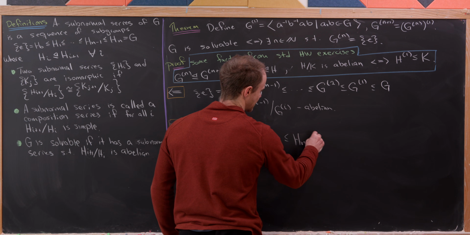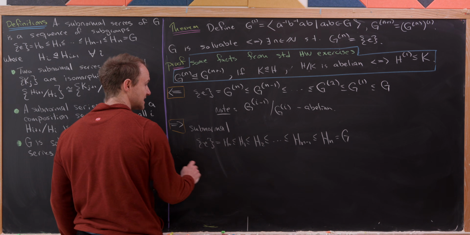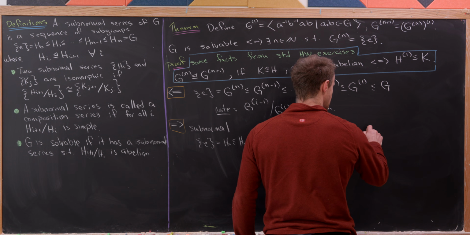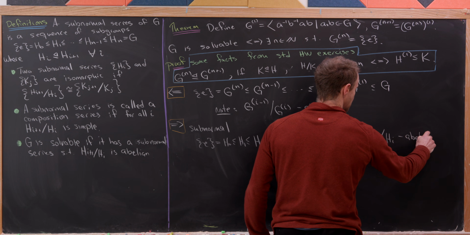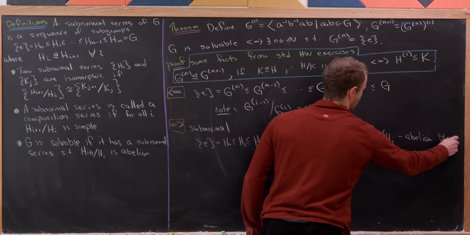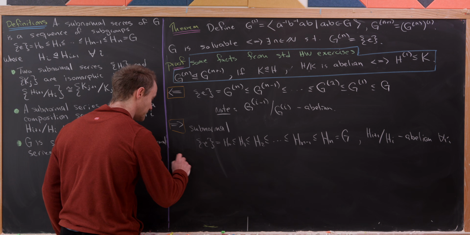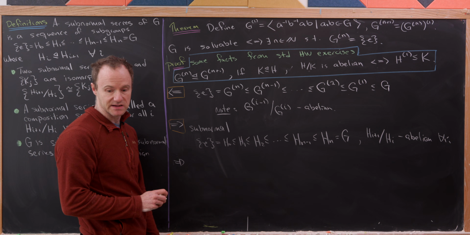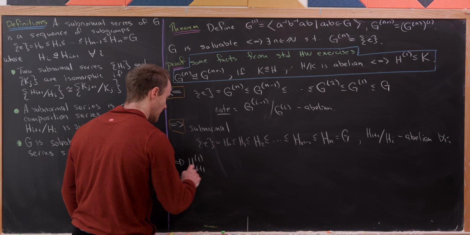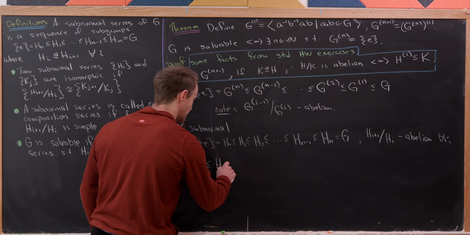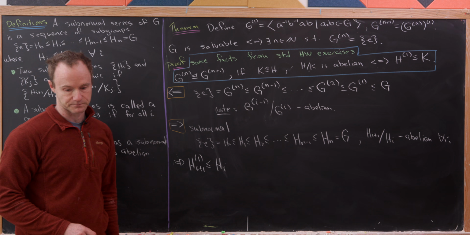Up here, H n minus 1, which is a subgroup of H n, which is equal to G. And this is with the condition that H i plus 1 mod H i is abelian for all appropriate i. Okay, nice. But then if that is abelian, that means that H i plus 1 upper 1 is contained within H i, again by our condition over there.